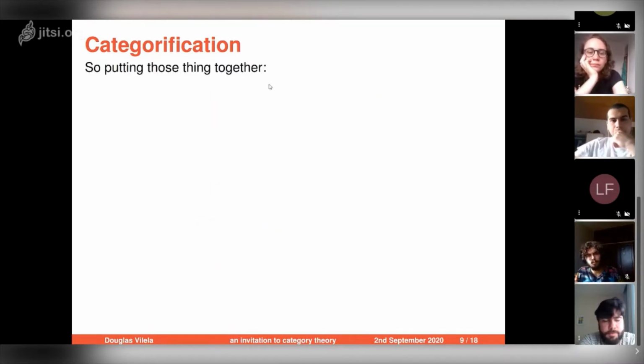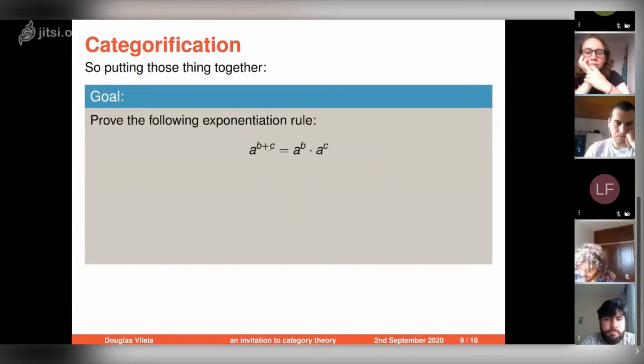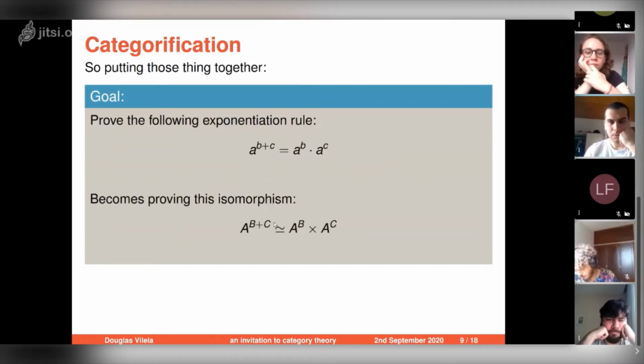So putting together all of what we know, of what we constructed, we can translate the other identity, the one that we want to prove, to this isomorphism.